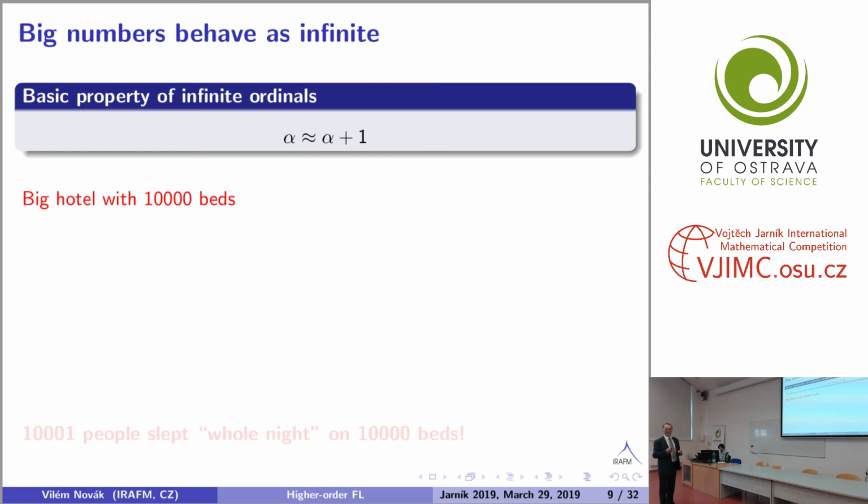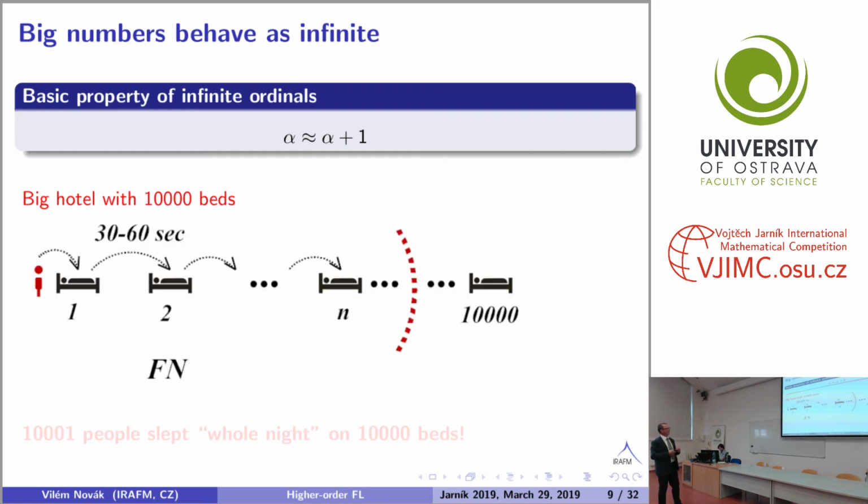Imagine, this is more or less a real example. Imagine a big hotel having 10,000 beds. And imagine that it is evening, and somebody who is very tired comes and asks that he would like to stay in this hotel. But you know, as a desk clerk, that all beds are already occupied.